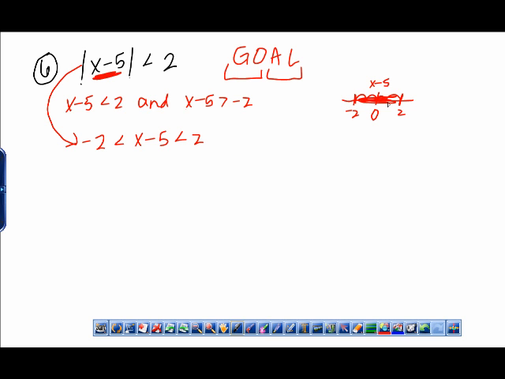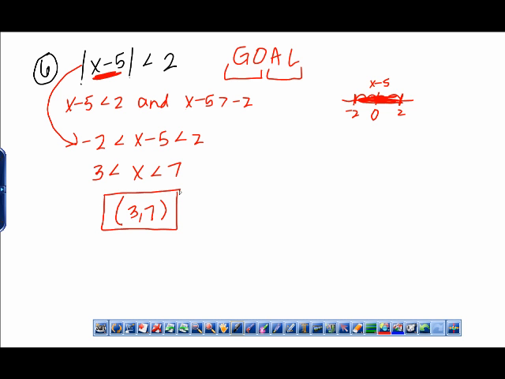It's somewhere in here. X we'll find in just a minute, but x minus 5 has to be trapped between negative 2 and 2, because it's a confined distance. All right, let's add 5 to everything to get our final answer. And we get 3 is less than x is less than 7. So we saw this at the very beginning of the lesson.